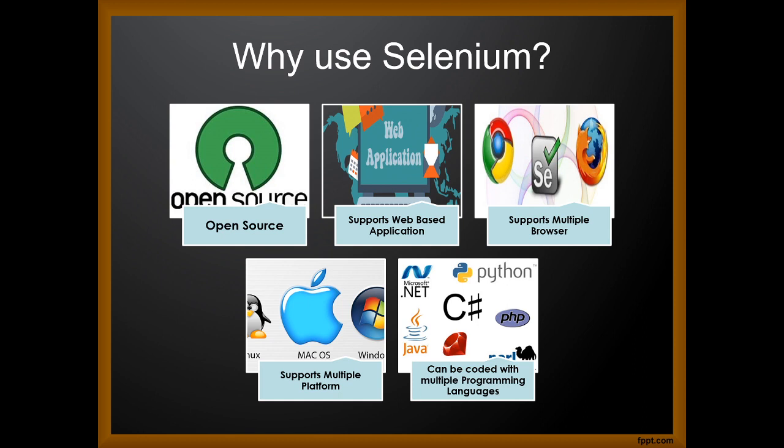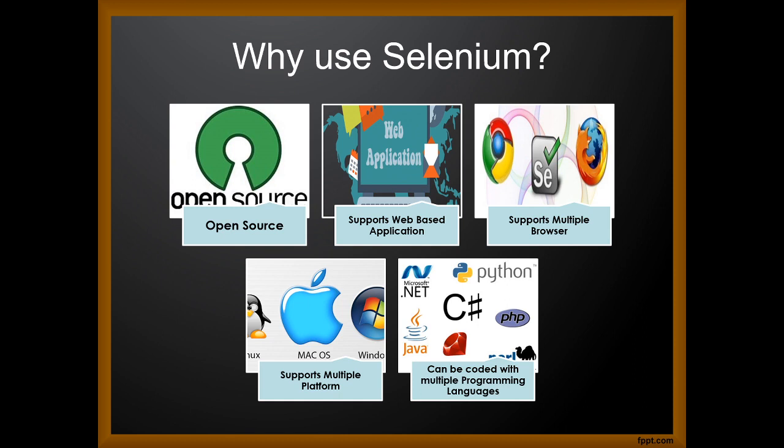Next is it supports web-based applications. As I mentioned earlier, it's only for web-based applications and not for Windows-based applications. So you have to be absolutely sure that you are automating web applications. If web applications, then Selenium is your go-to guy.